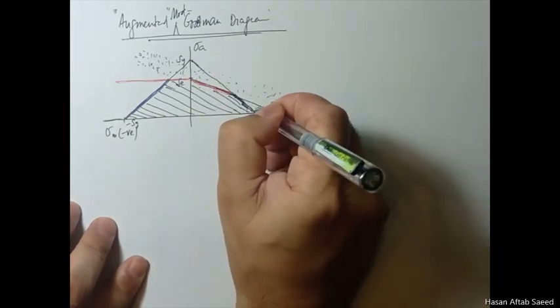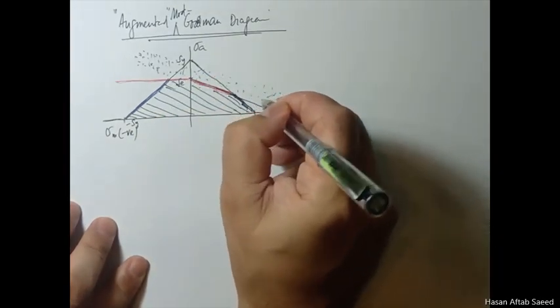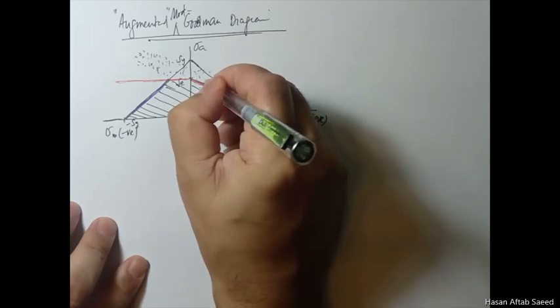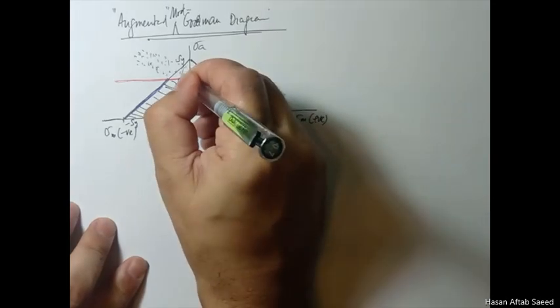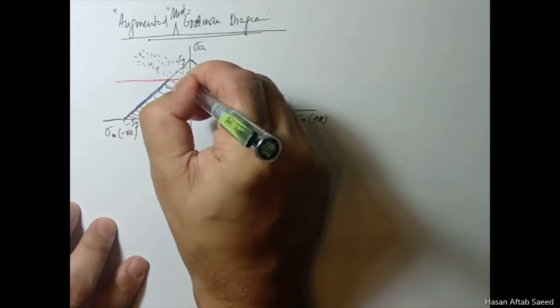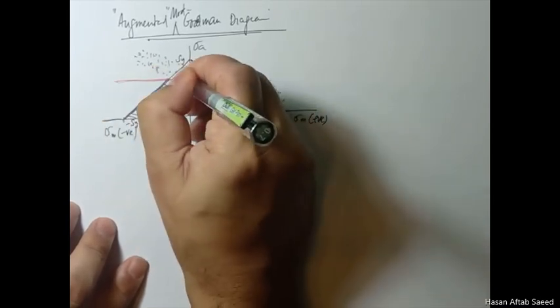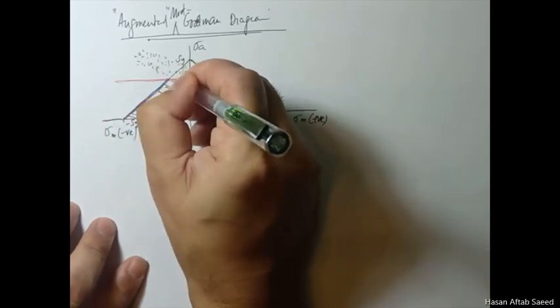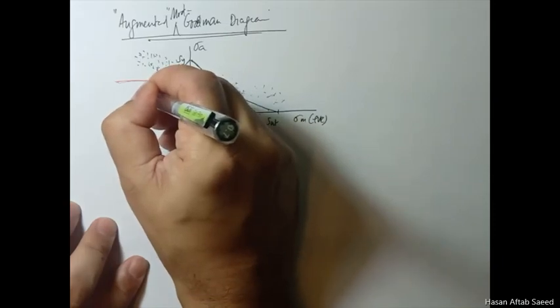Here yielding is already taking place. Here already you don't have infinite life. Here in reality you have, but because we are taking the conservative approach, here again it has failed because of fatigue, and in this region it has again yielded.